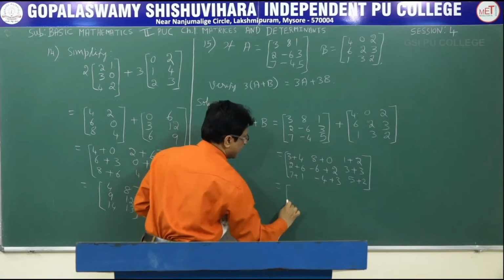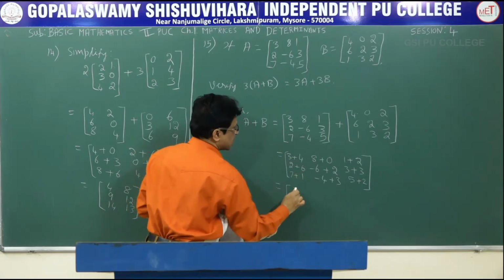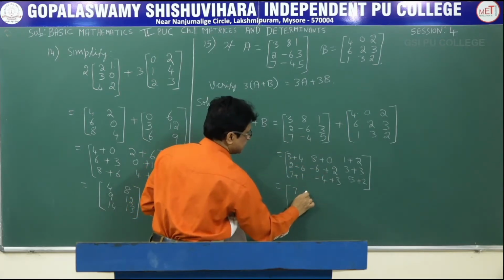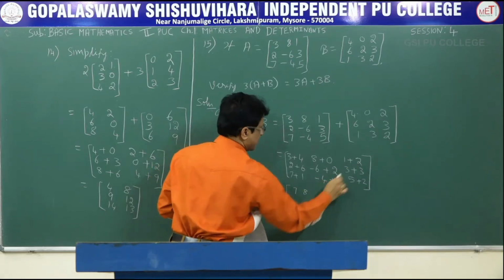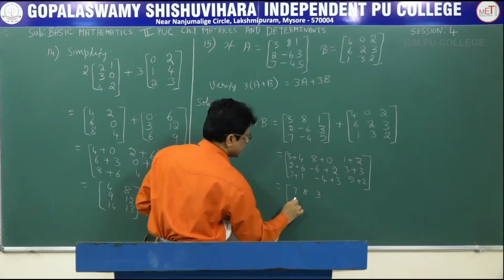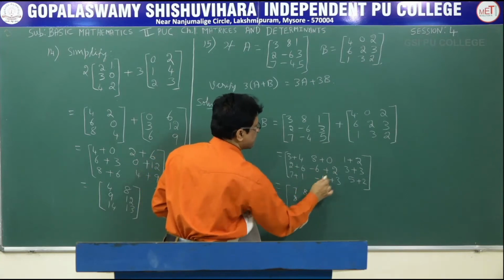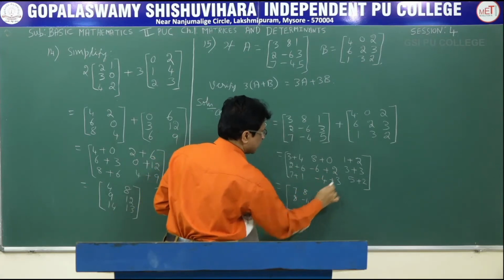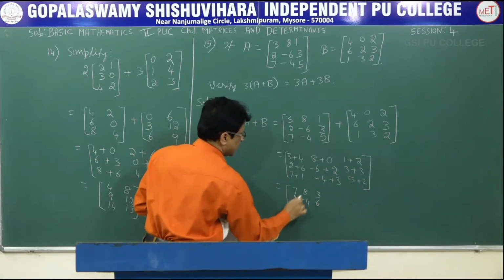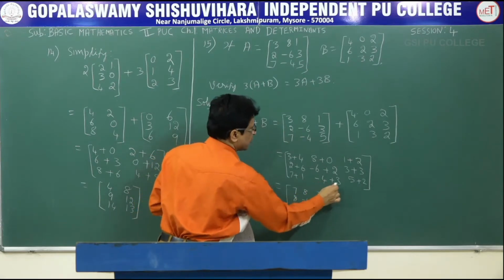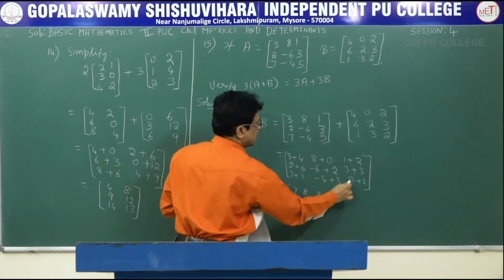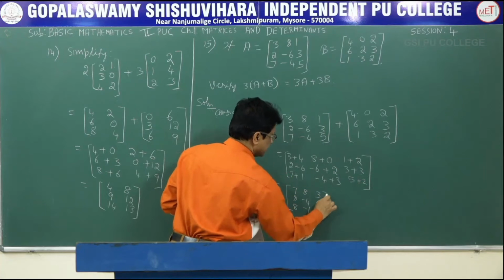So 3 plus 4 is 7, 8 plus 0 is 8, 1 plus 2 is 3, 2 plus 6 is 8, -6 plus 2 is -4, 3 plus 3 is 6, 7 plus 1 is 8, -4 plus 3 is -1, 5 plus 2 is 7.